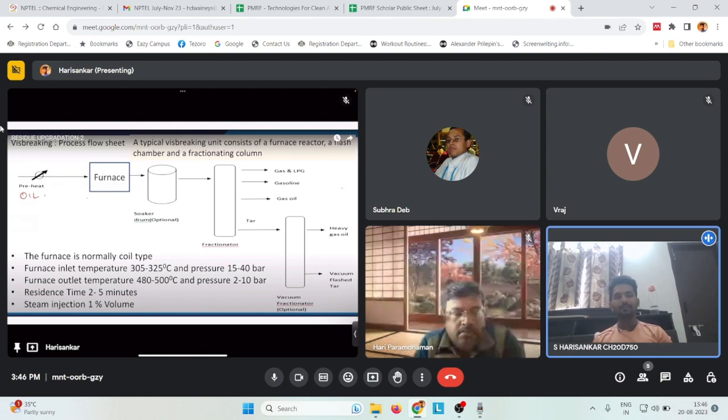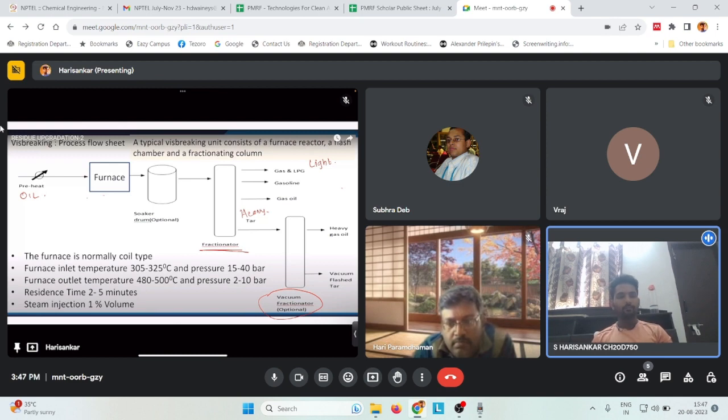Initially we have the oil here, which gets preheated in a furnace, and then it is sent to a fractionator, where it is fractionated or distilled based on boiling point, and so we get the lighter compounds at the top and the heavier tar compounds at the bottom. In some cases we can even send this heavy tar from the fractionator to a vacuum fractionator in order to further extract value from this residue.